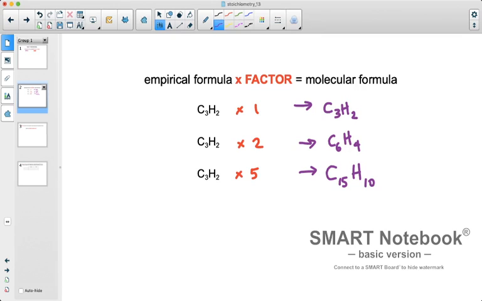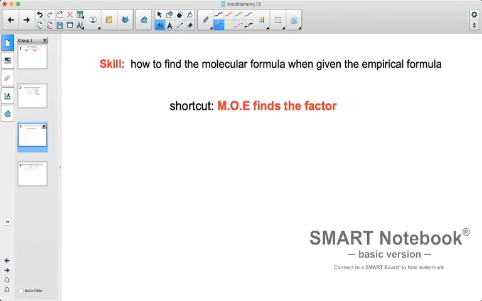Now, because there are so many possible factors, we now have to learn a new skill. And the skill that we're going to learn is really how to find the molecular formula when given the empirical formula. In order to carry out this skill, I've come up with a shortcut. The shortcut really is Mo finds the factor.